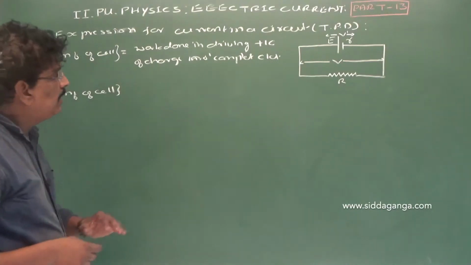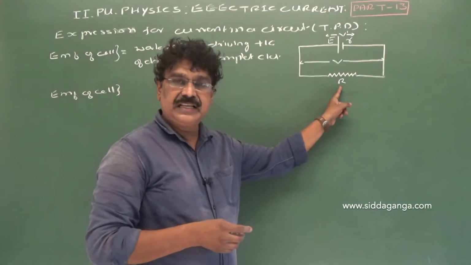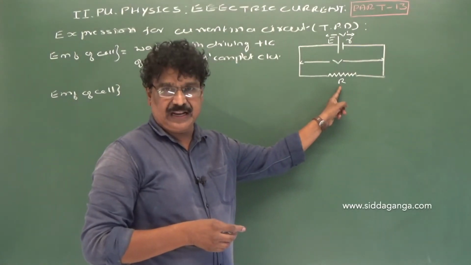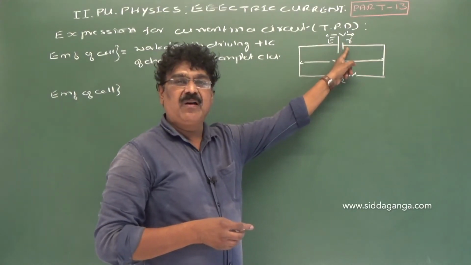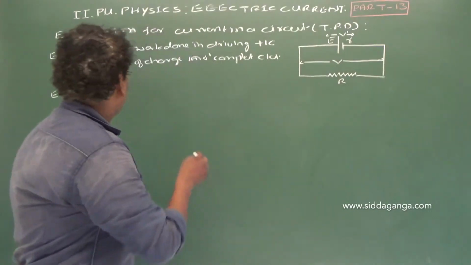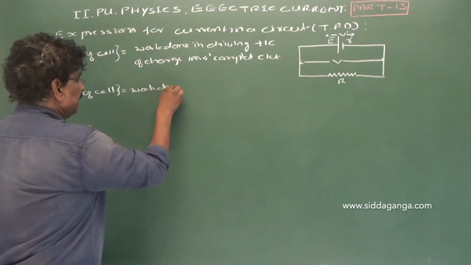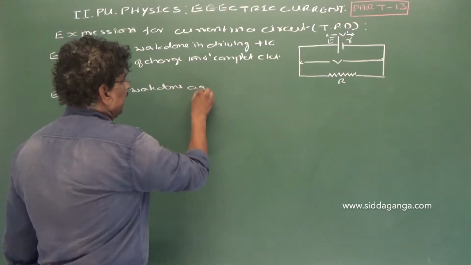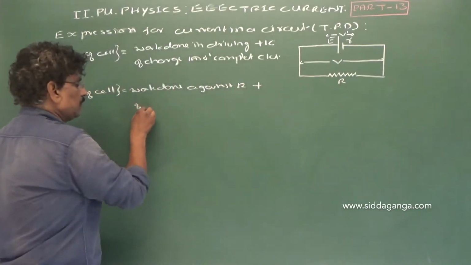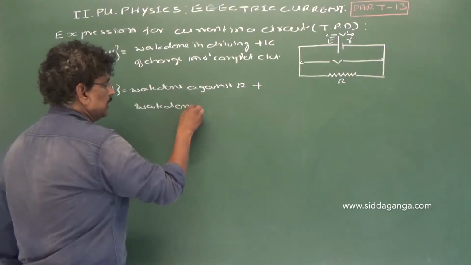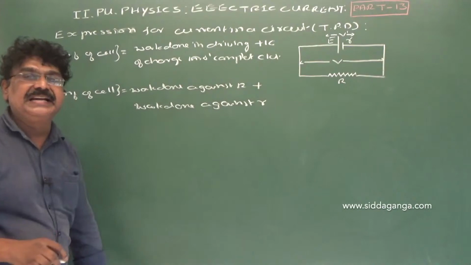Now this work is done against the opposition offered by external resistance and against the opposition offered by internal resistance, right? So this is equal to work done against R plus work done against small r, that is the internal resistance.